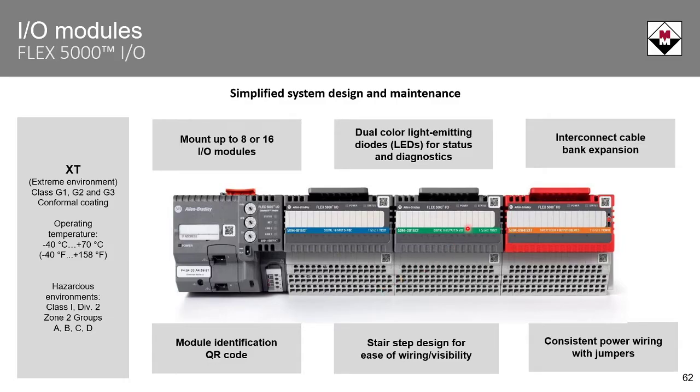The input and output modules also feature dual color LEDs for status and diagnostics, stair-step design for ease of wiring, and they will be coming out with an interconnect cable for bank expansion. So let's say you have 8 I/O modules and your panel won't fit that width. You can use the cable and break that up to 4 and 4 in 2 rows.